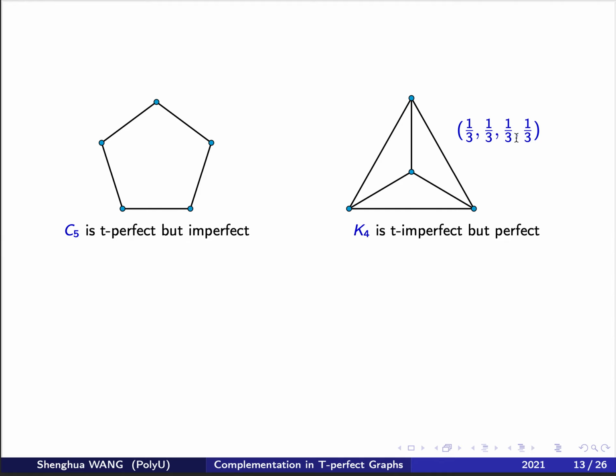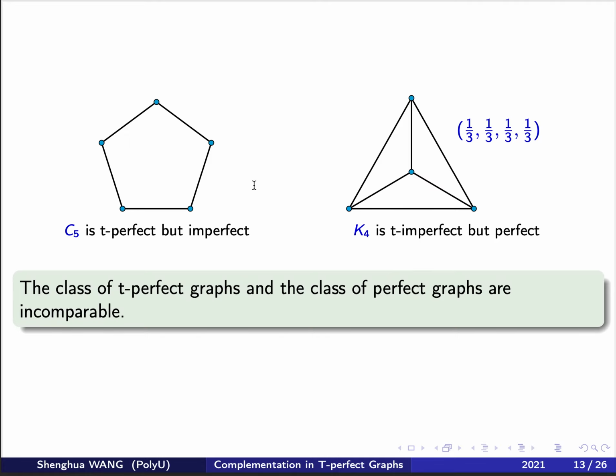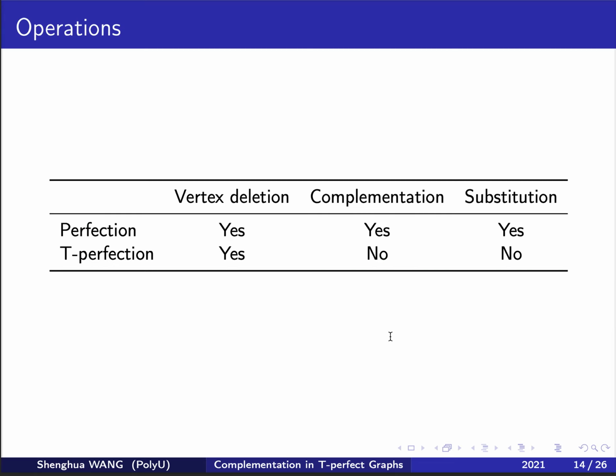But if we consider the vector with 1/3 in each coordinate, we can check that this vector is in the t-stable set polytope of the graph but not in the stable set polytope of the graph. Therefore, K4 is not t-perfect. Based on these two examples, we know that the class of t-perfect graphs and the class of perfect graphs are incomparable.